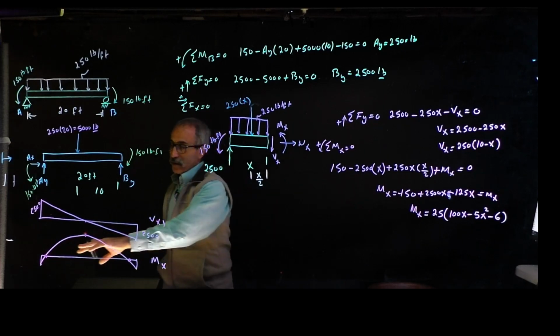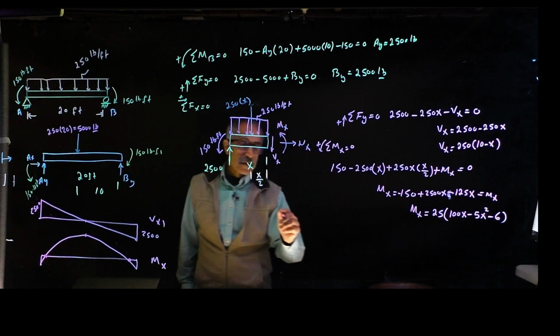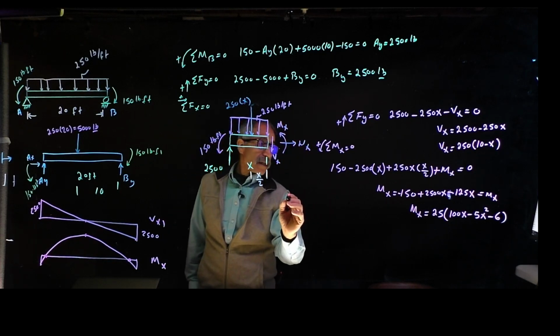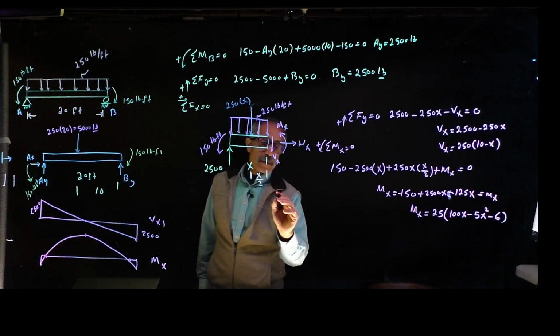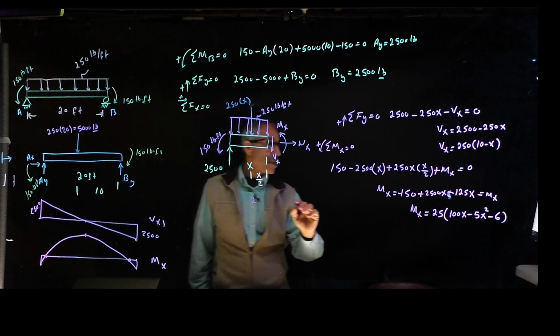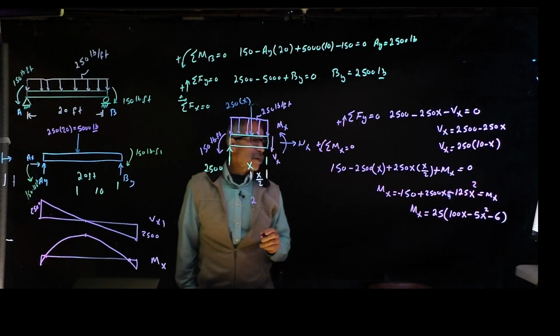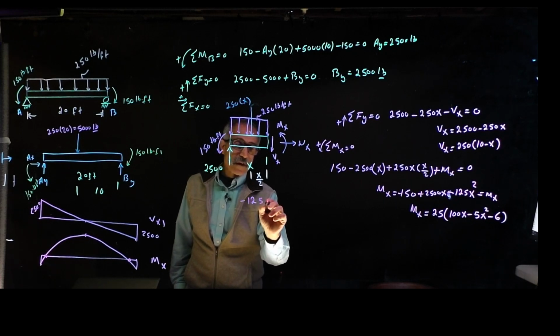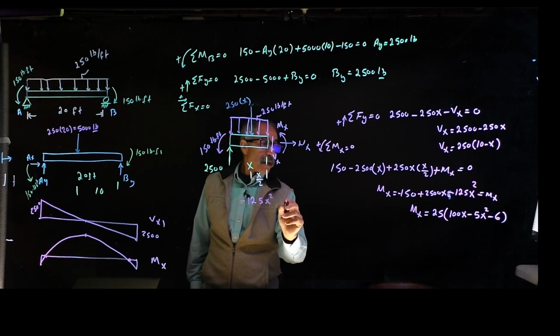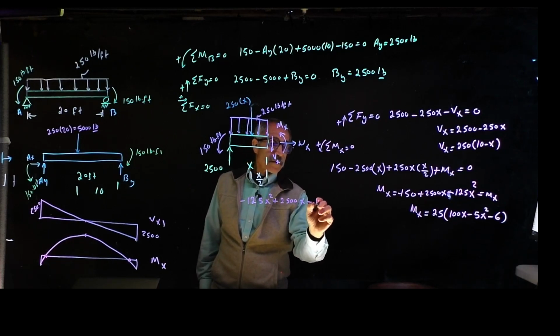So when is the M equal to 0? And there's your quadratic equation. Let's write it in terms of a quadratic equation: 0 is equal to minus 125x squared plus 2,500x minus 150.